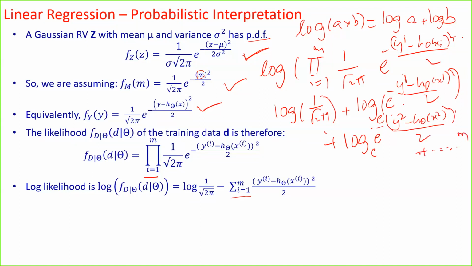Agree? So this log and base e, both of them will get cancelled. You will just get y1 minus h theta of x1 whole square.